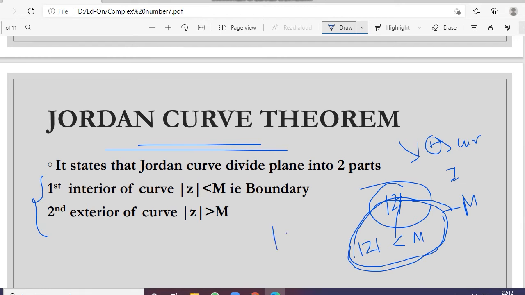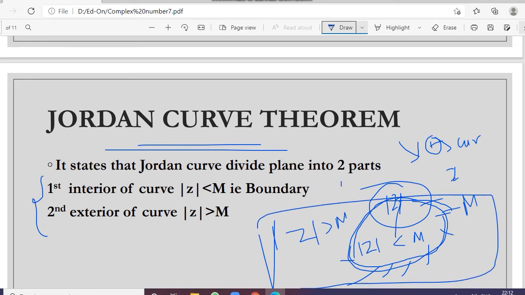So the Jordan curve with boundary m divides the whole plane into two parts: first the inner region and second the outer region. What is the interior? When the magnitude of z is always less than m. What is the exterior?